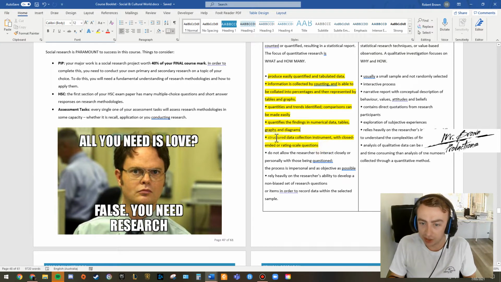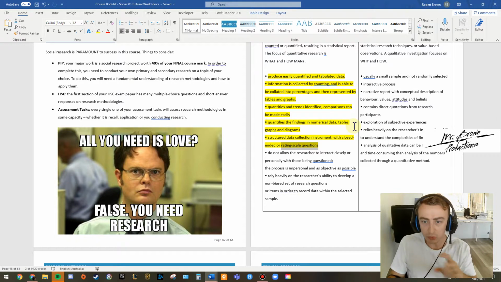And then the last strength is that you can have a structured collection, or what we call a structured data collection instrument, with close-ended or rating scale questions. A rating scale question is something like, on a scale of 1 to 5, how much do you agree with the following statement? Or 1 to 5, how likely are you to do it?